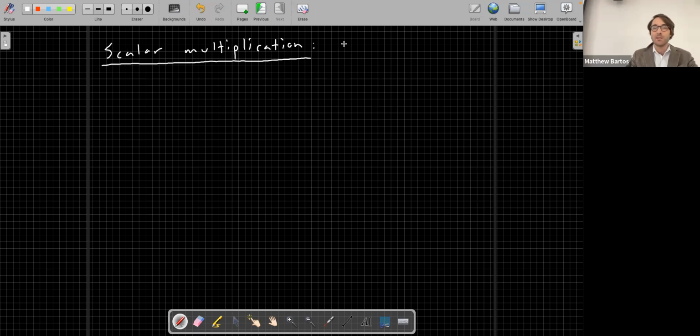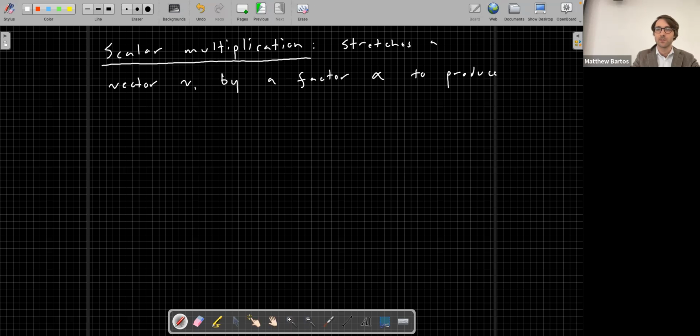A scalar multiplication essentially stretches a vector, which I'll call V1, by a scaling factor, which I'll call alpha, to produce a new vector V2. Let me underline these just to indicate that they're vectors. V2 is equal to alpha times V1. Okay, so pretty simple. Let's go through a quick example of that concept.